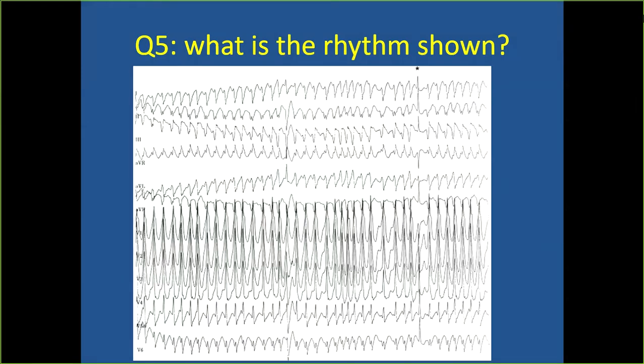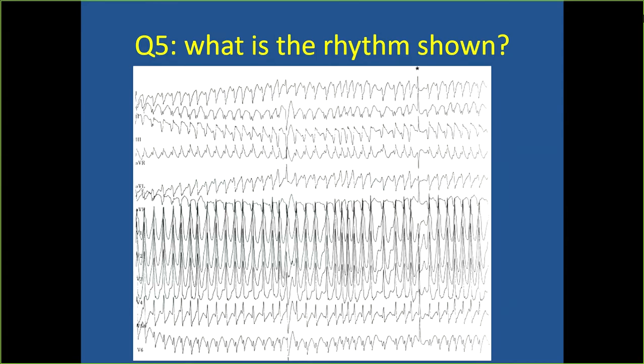So I'm closing the poll. I think a good number went with pre-excited AF. Okay. So let us explain for those who did not get it, or those who guessed it, or those who thought it is a VT.